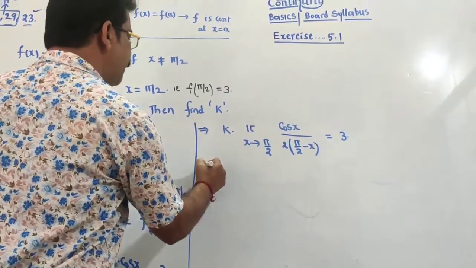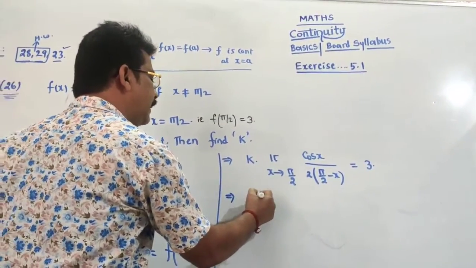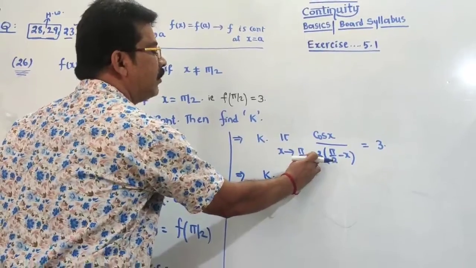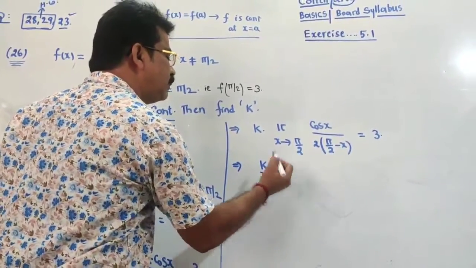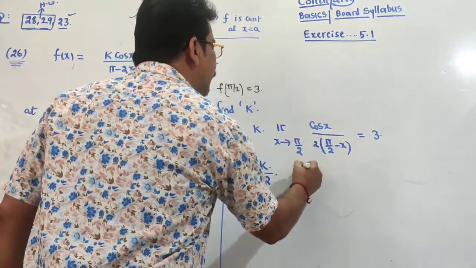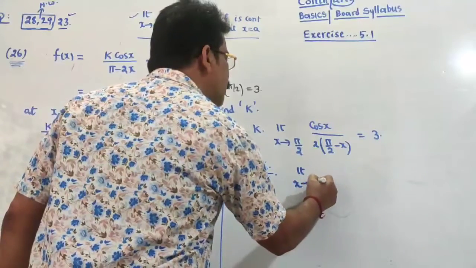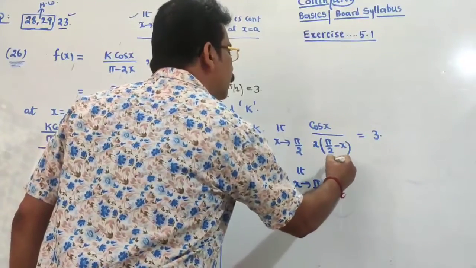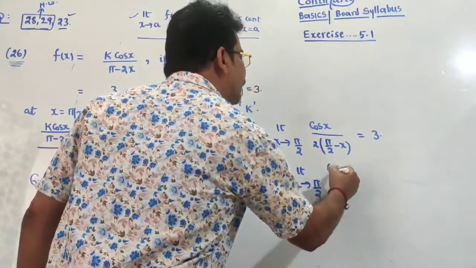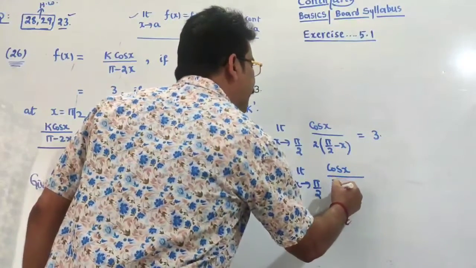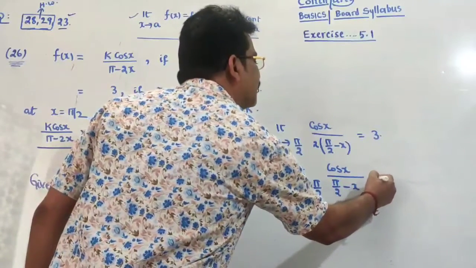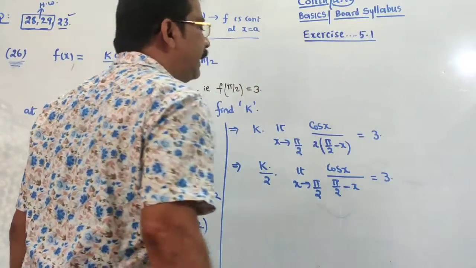Then k is already a constant, another constant 1 by 2, into limit x tends to pi by 2 of cos x divided by pi by 2 minus x, that is equal to 3.